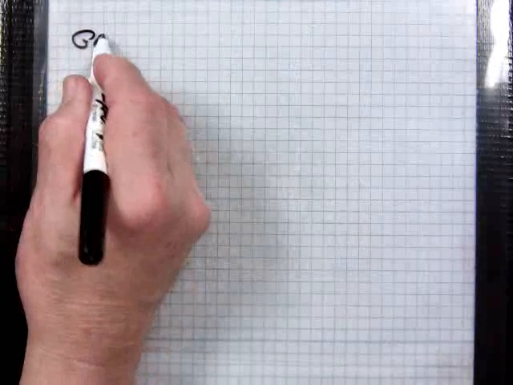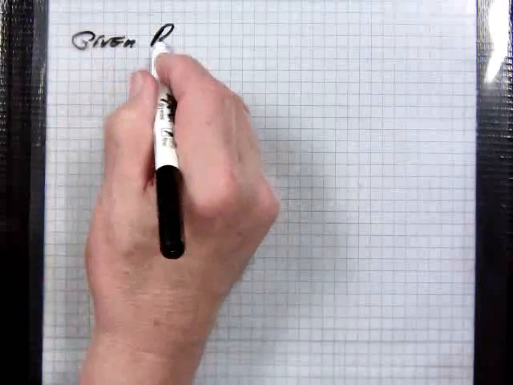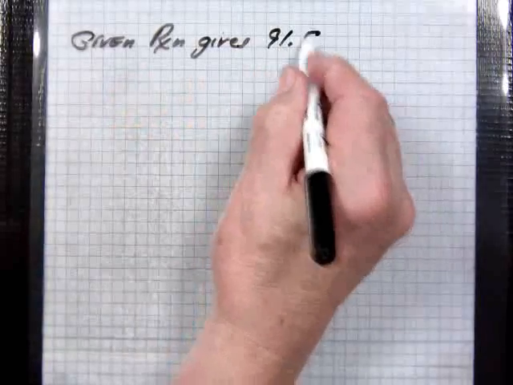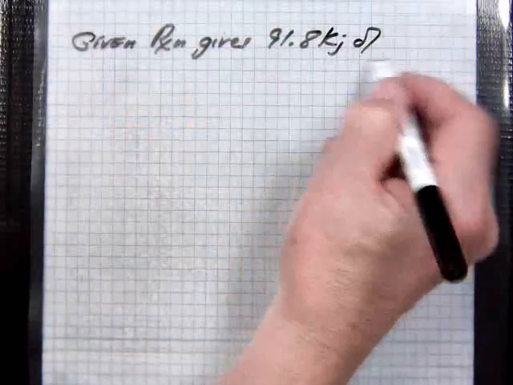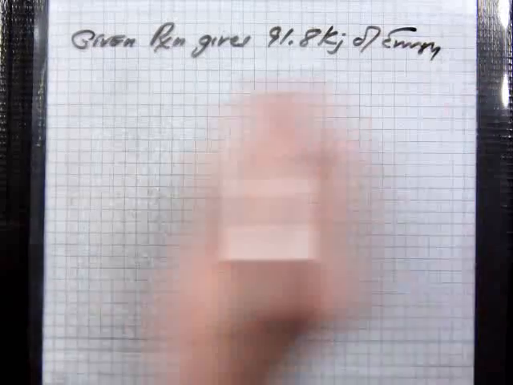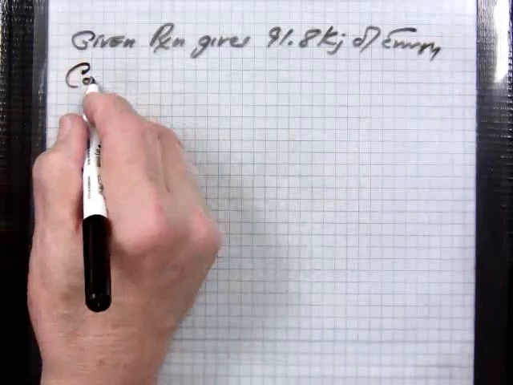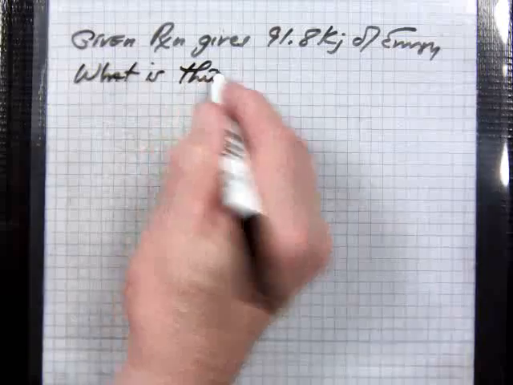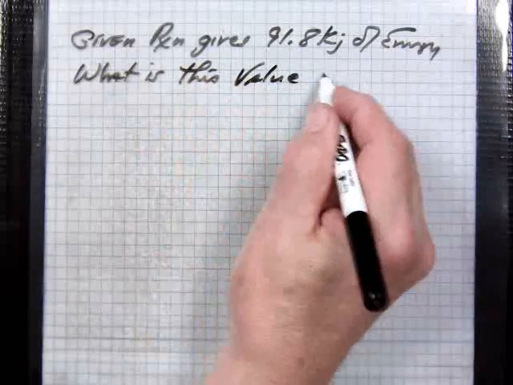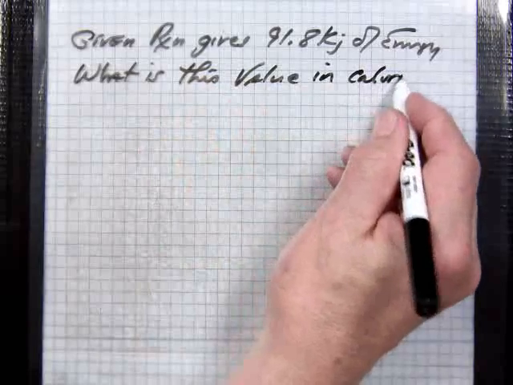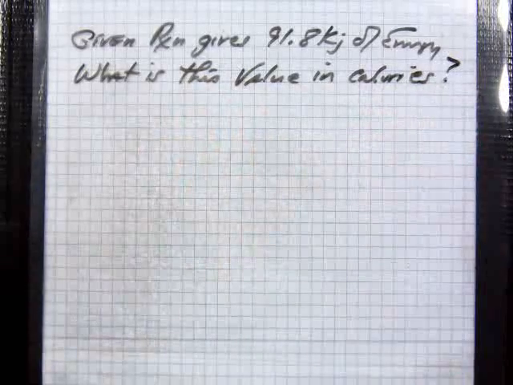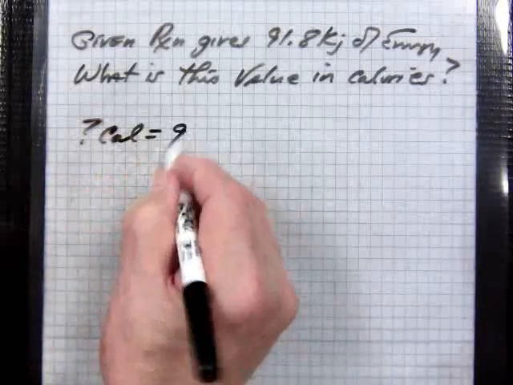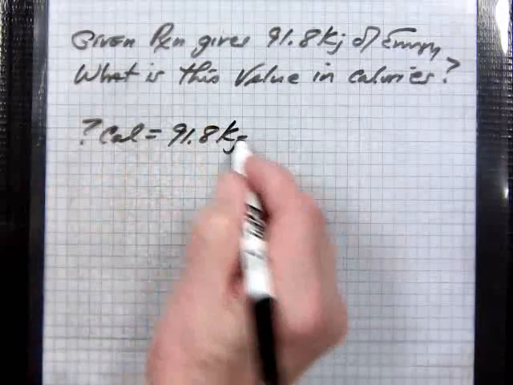Say you're given a reaction that gives off 91.8 kilojoules of energy. What is this in calories? That is, how many calories is equal to 91.8 kilojoules?